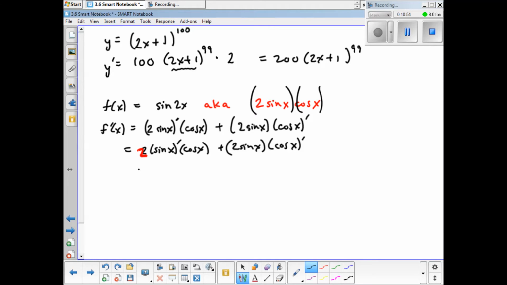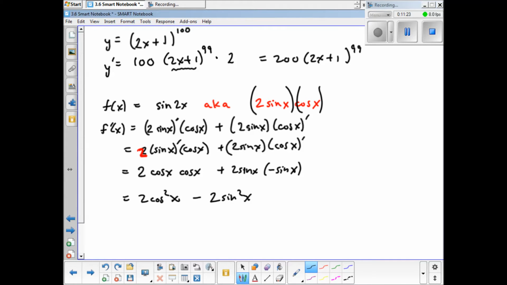So what is the derivative of sine x? We've talked about that. That's cosine x. And so we have actually cosine x here. What's the derivative of cosine x? Well, that's just negative sine x. So we end up with 2 cosine squared x minus 2 sine squared x.